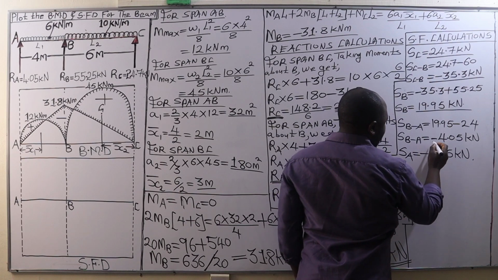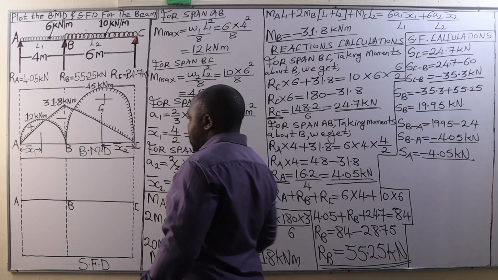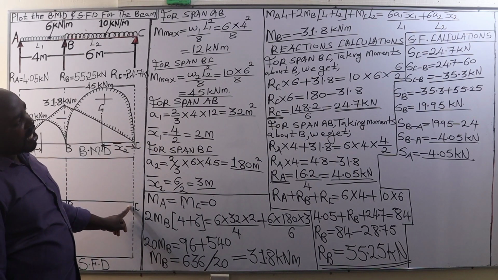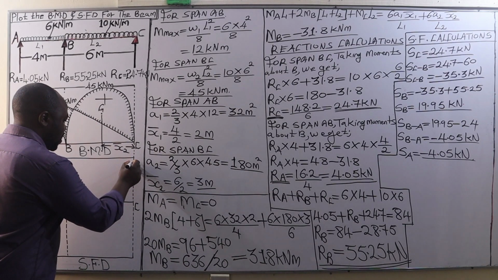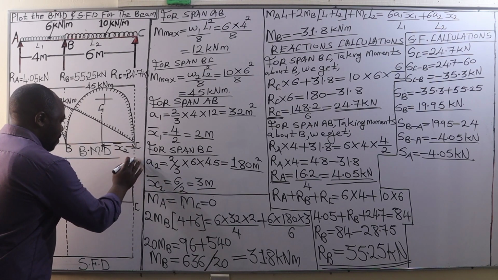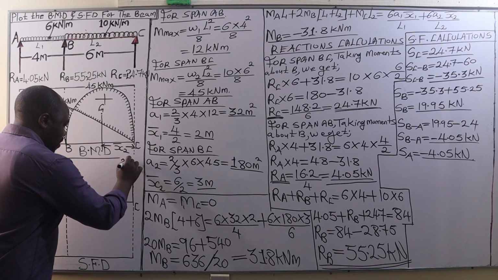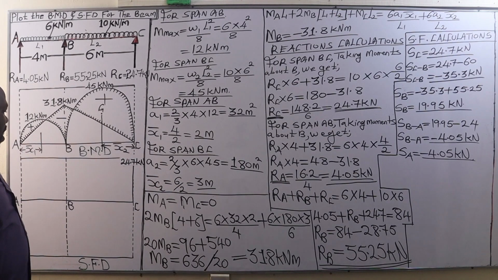Then, after getting the value of all the shear forces, we now use those shear force values to plot the shear force diagram. So we are going to begin with the shear force at C, which we have gotten as 24.7. If we approximate 24.7 to be somewhere here, that is where we are going to have 24.7 kilonewtons. Then the shear force between C and B is negative 35.3.